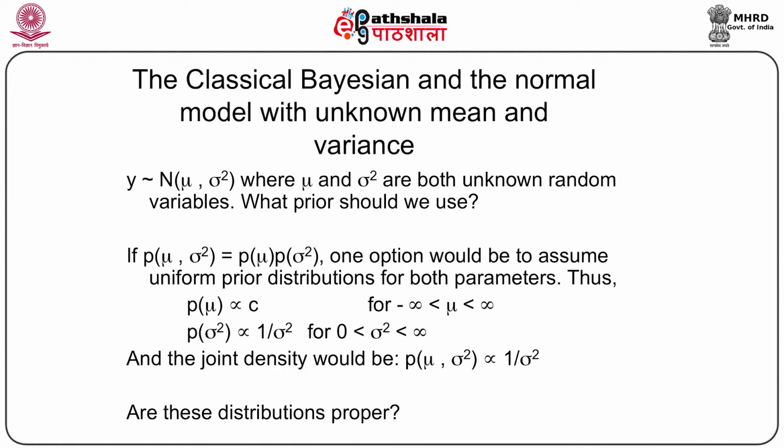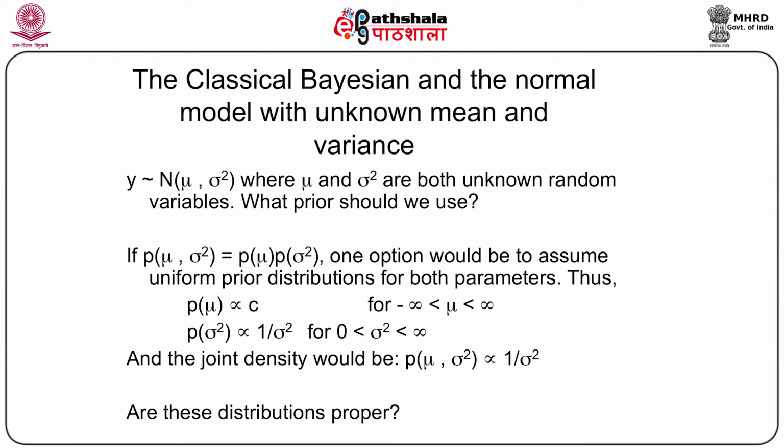Now we assume that the probability of mu is flat, that means just proportional to a constant c for the whole range of support of mu, the real line. And p of sigma square, the prior for sigma square, is 1 over sigma square, where sigma square is between 0 and infinity. Then the joint density of p(mu, sigma square) will be proportional to a constant times 1 over sigma square, which is simply 1 over sigma square.